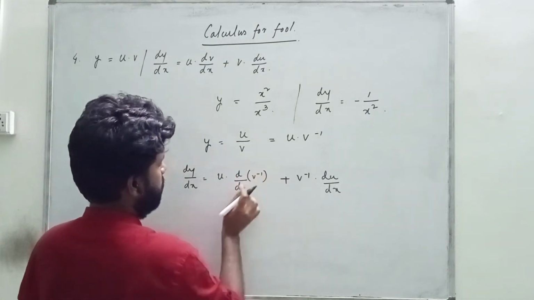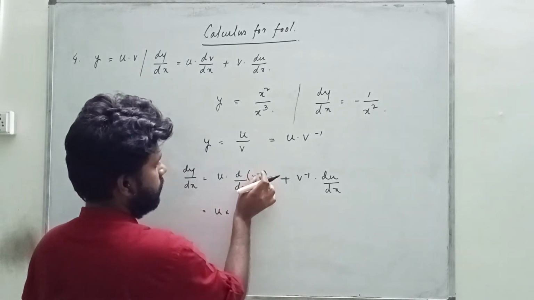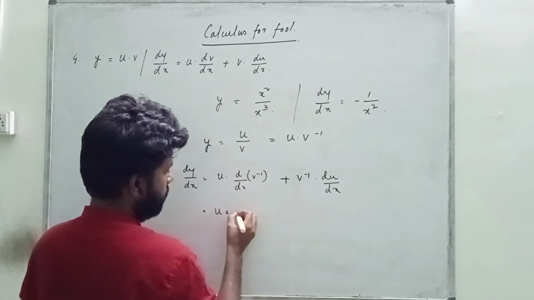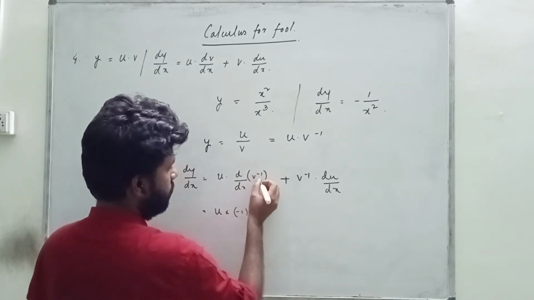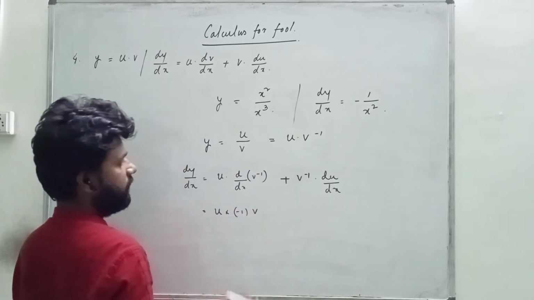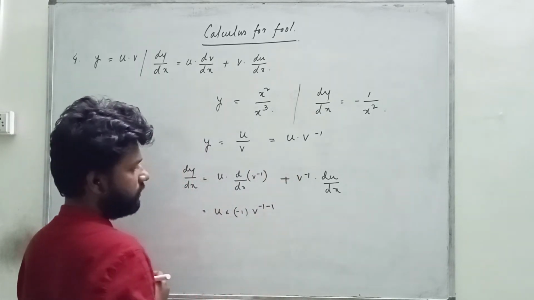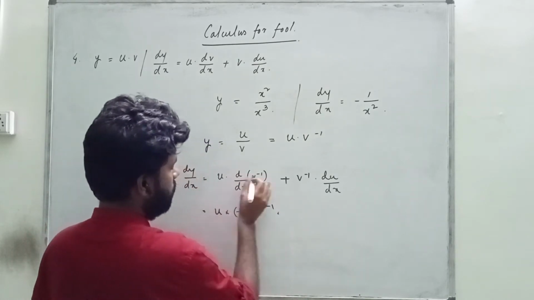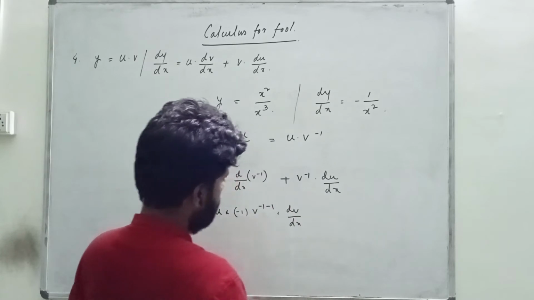It is u into this will go the coefficient minus 1, v to the power one step lesser from minus 1, that means minus 2, and I will leave out dv dx, right?